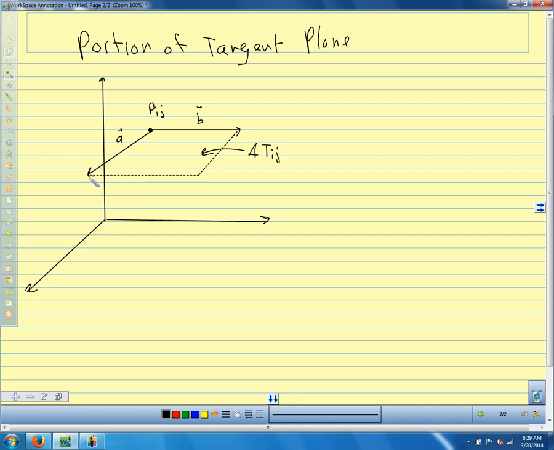If I project this down, we get a little rectangle in the xy plane, with this side delta y sub j and this side delta x sub i.